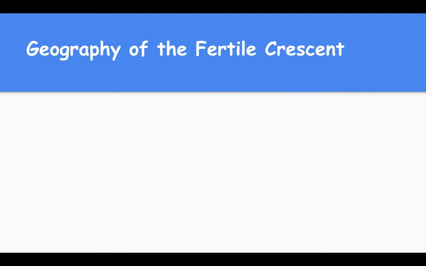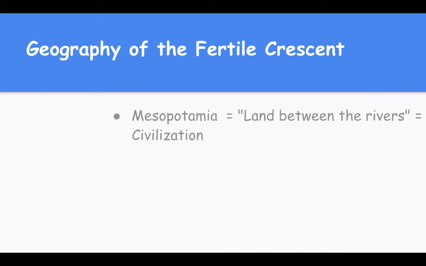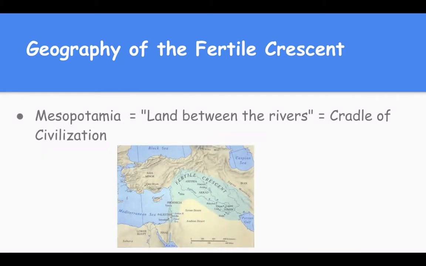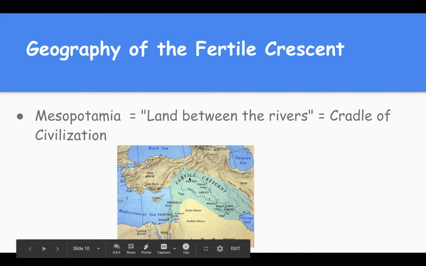We're starting on page 29, and we're looking at the geography of the Fertile Crescent. Just a reminder here, the Fertile Crescent was called Mesopotamia, the land between the rivers. And here they're talking about the Tigris River, and then under here, the Euphrates River, which both empty into the Persian Gulf.